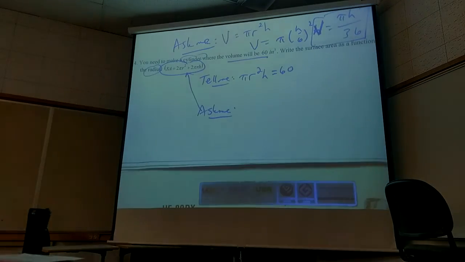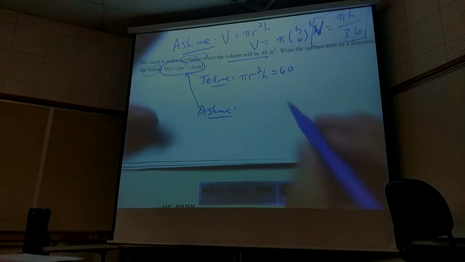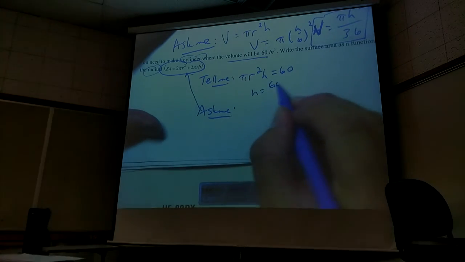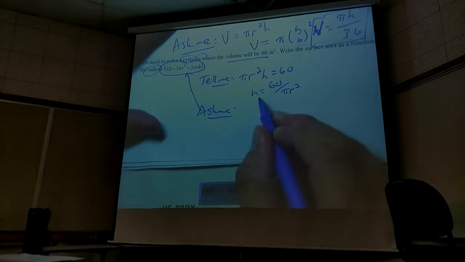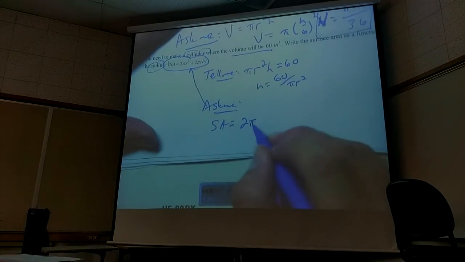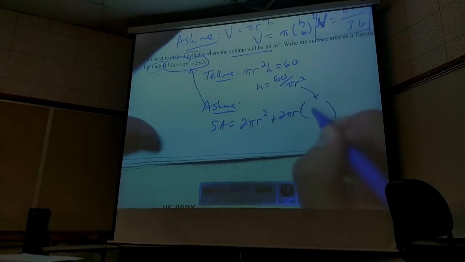Right now it's a function of radius and height, but they are related. I shouldn't need both variables then, since they are related. So what do I do with this? Divide by pi r squared, so I know what h is. And now I can rewrite the surface area as 2 pi r squared plus 2 pi r h.